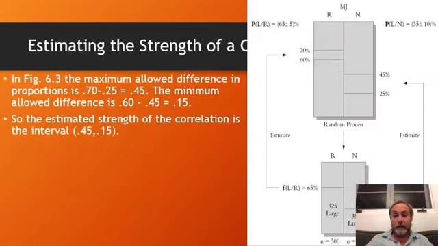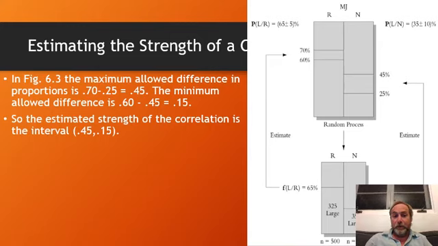So in figure 6.3, this is the one where there was a correlation. The maximum possible difference that there might be in the proportions would be 70% minus 25%. And then the smallest possible difference that there might be is 60% minus 45%.